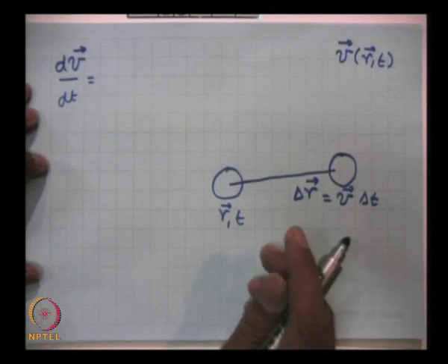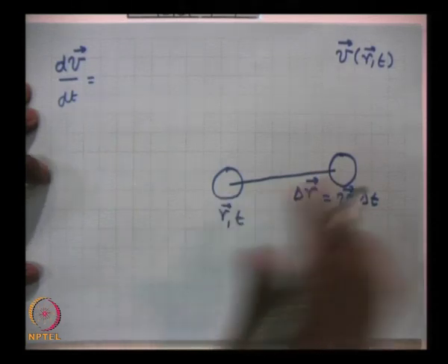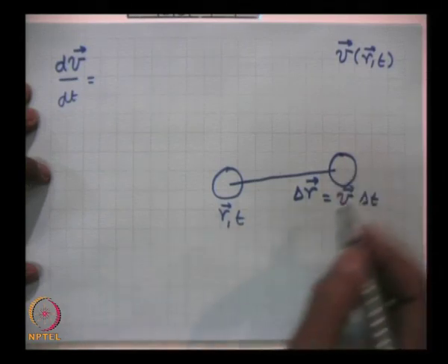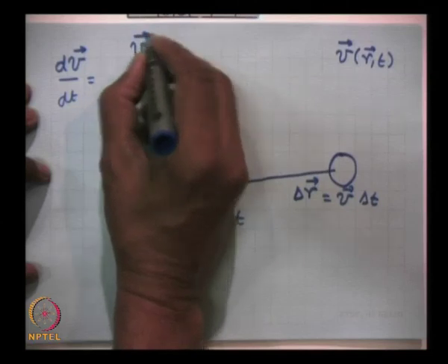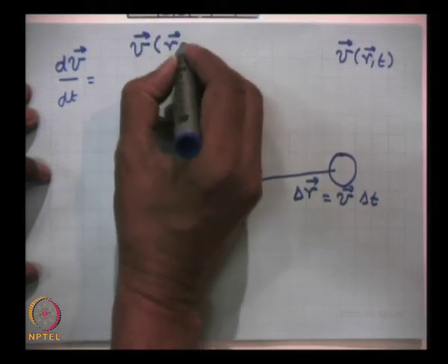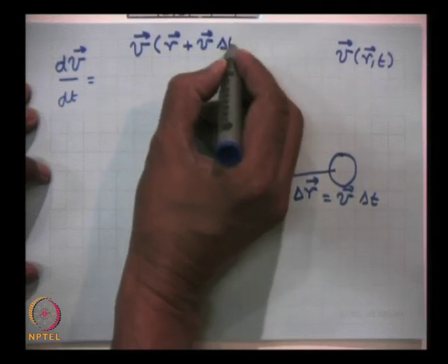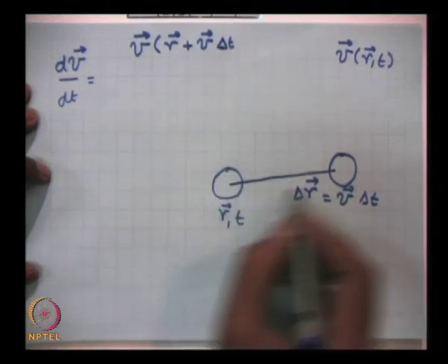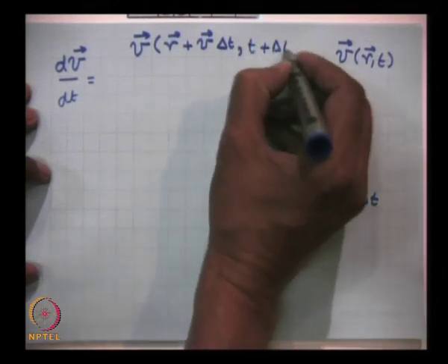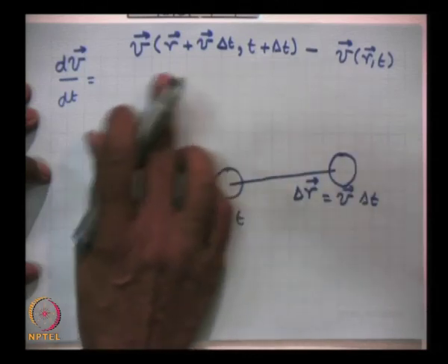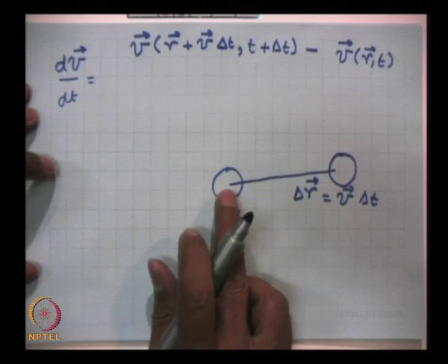So, rather than obtaining the velocity at time t plus delta t here, you measure the velocity at this position. So, find the velocity at position r plus V delta t, because this is the new position the particles have moved to, and at time t plus delta t, and take the difference of this velocity from the velocity that was here.